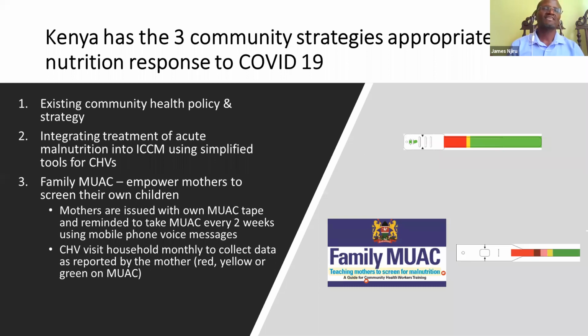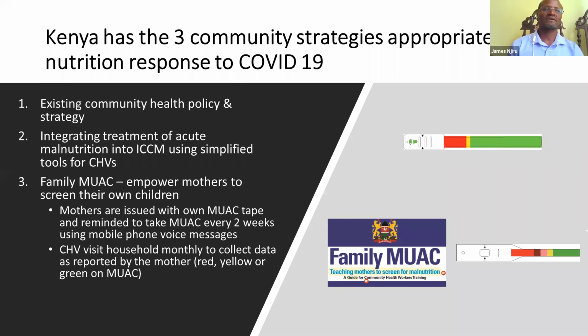But in this case, under the ICCM or Integrated Community Case Management, CHVs are allowed to treat diarrhea, malaria, and refer pneumonia and refer acute malnutrition. But there has been, on a small scale, where they have been trained to treat acute malnutrition and also pneumonia, but that was not a nationwide program.